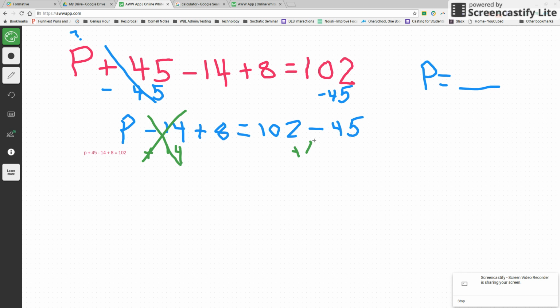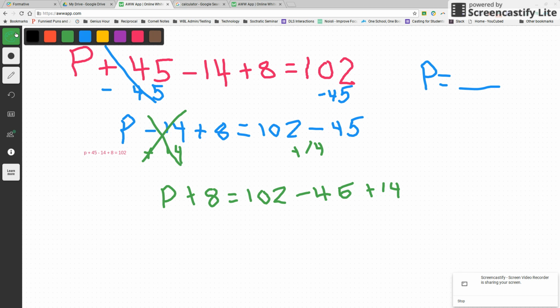If I added 14 there, I've got to add 14 on this side. And let's rewrite our equation. We still have our P over here. We still have our plus 8. But now this right side of the equation is getting bigger. We have 102 minus 45 plus 14. We are shifting things over.